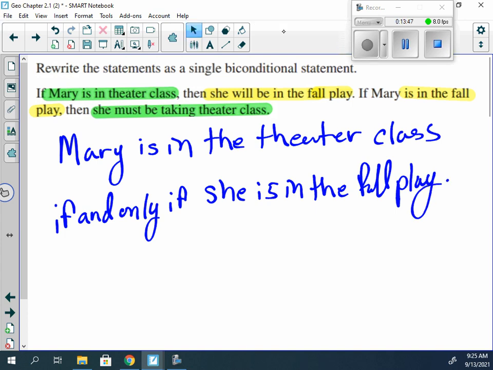Mary's in the theater class if and only if she's in the fall play. Because we could have gone the other direction and said Mary's in the fall play if and only if she's in the theater class. So this one here works a little bit better going both ways, unlike the president one on the last one. Any questions on this here?